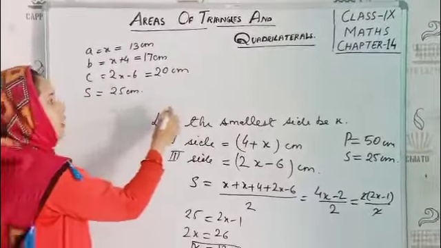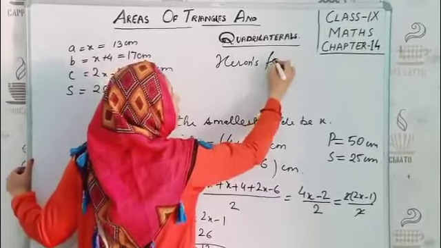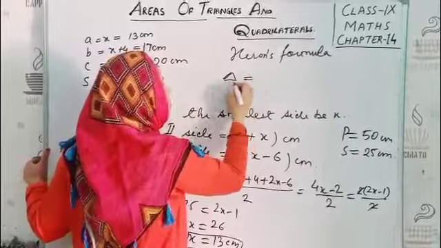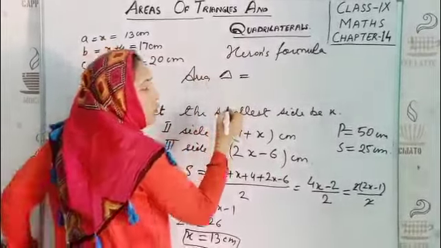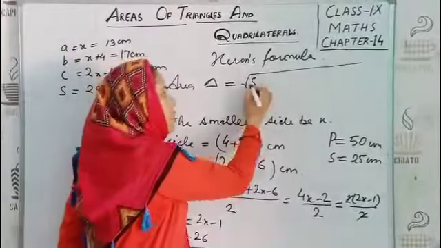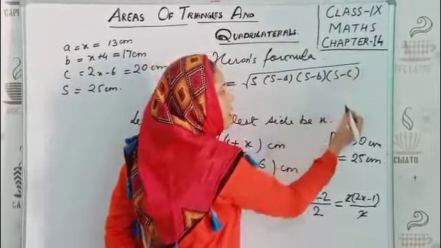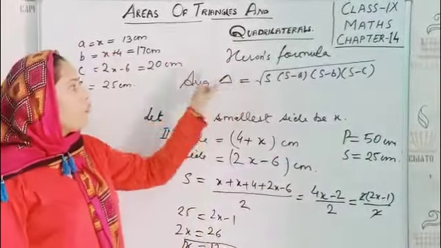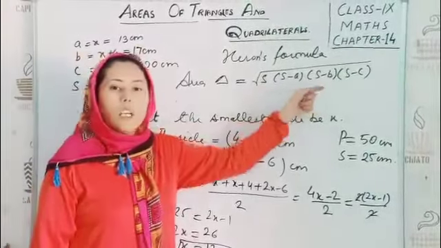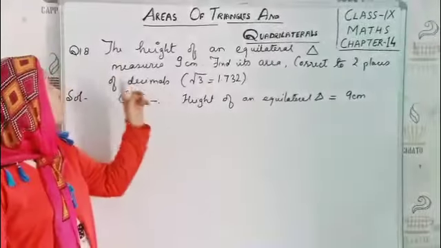Now we will put these values in Heron's formula to calculate the area of the triangle. Area is equal to, what is Heron's formula? Under root S into S minus A, S minus B and S minus C. So when you put the values of S, A, B, C in this formula, you will get the answer.